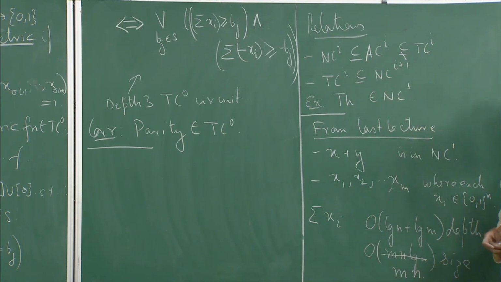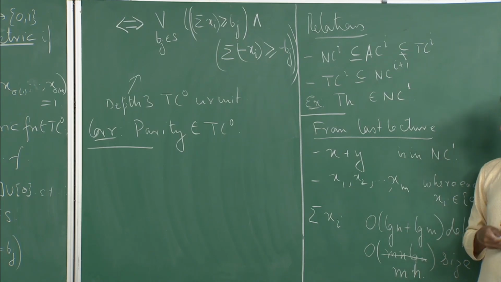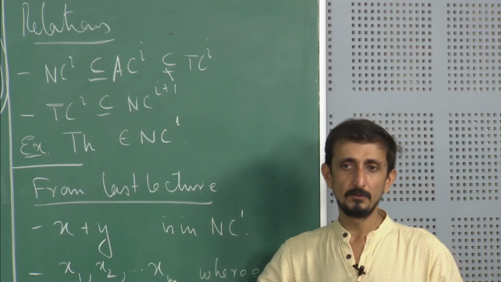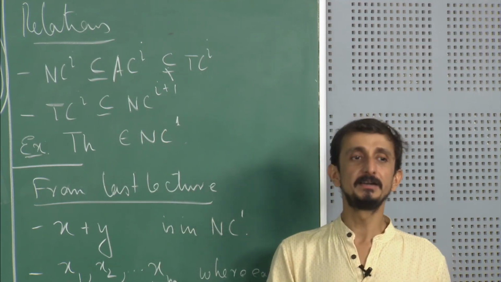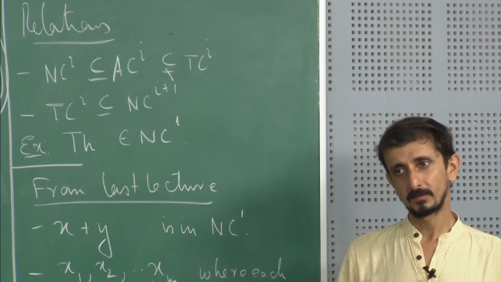But this we don't know. We don't know of any function which belongs here but does not belong here. We don't even know whether this is a strict containment. We don't know if there is a function which is in NC1 but not in TC0. We don't know that.